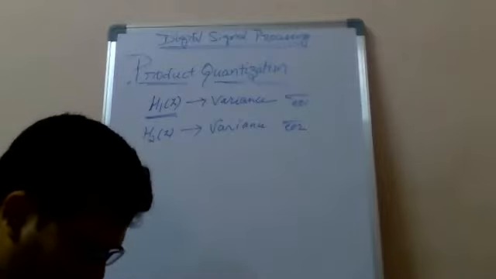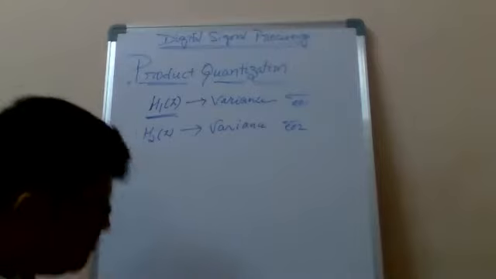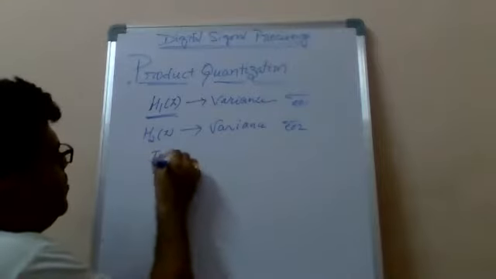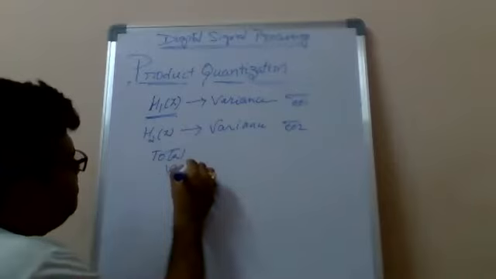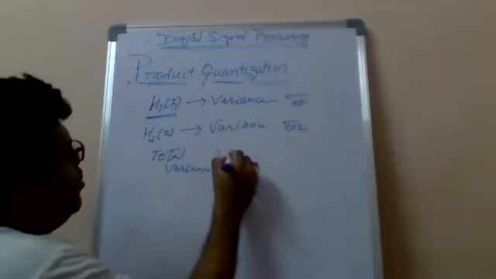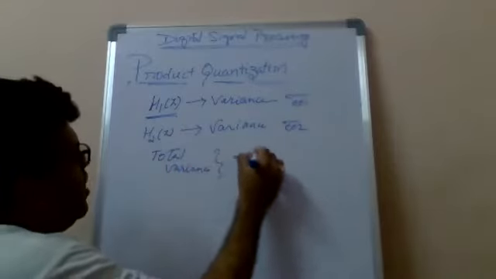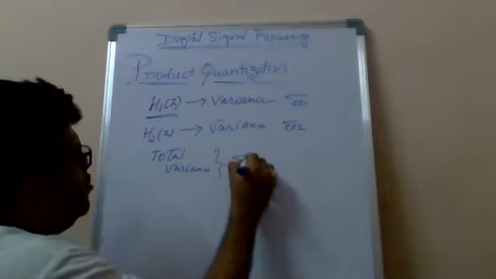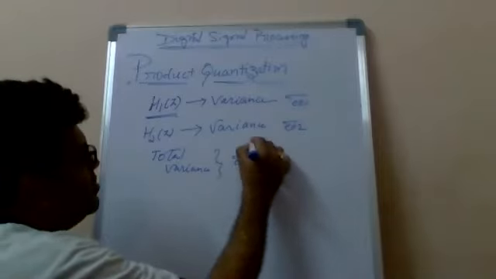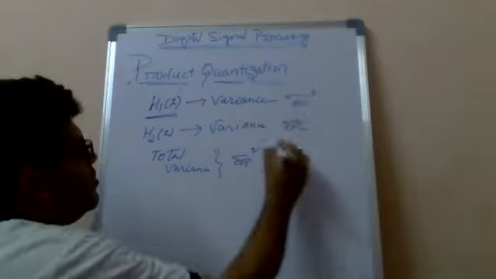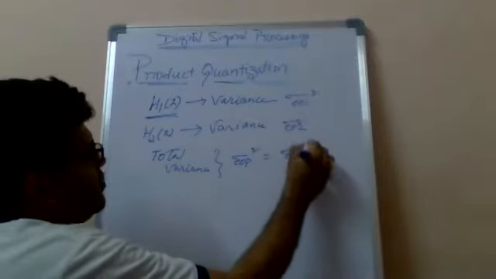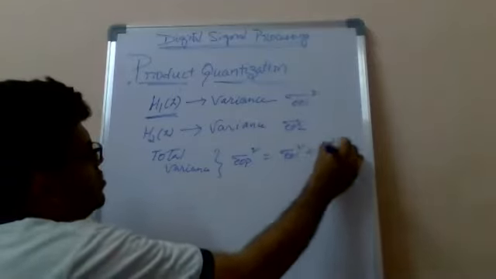This is how we calculate the total output variance, sigma EOP square equals sigma EO1 square plus sigma EO2 square.